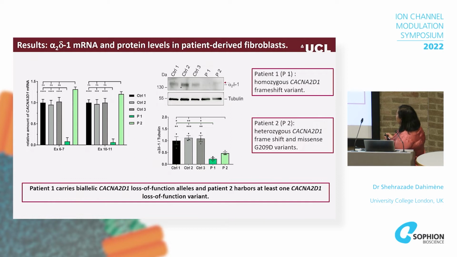As I said, patient 2 is heterozygous. It's carrying a frameshift, which is quite early in the protein, so we think that it is either not expressed or non-functional. So we focus our work on understanding the effect of the missense mutation, glycine 209 to aspartate.